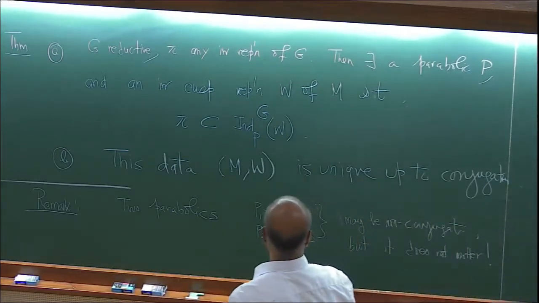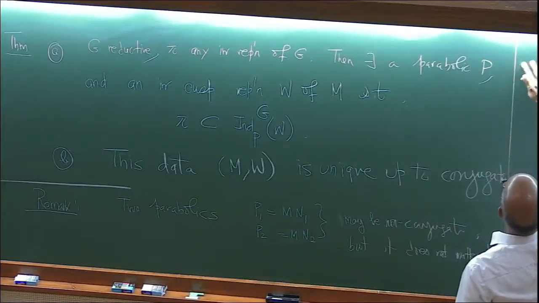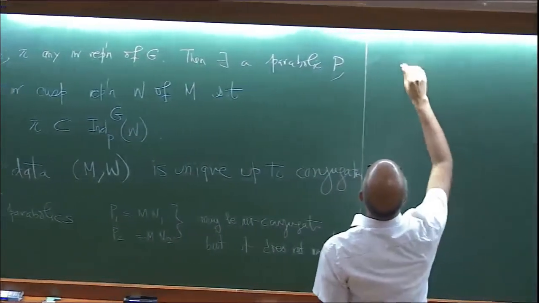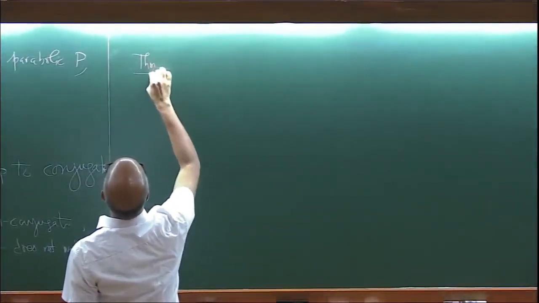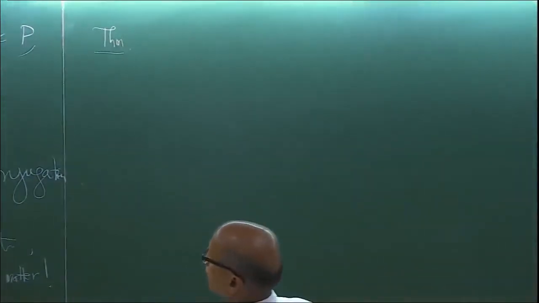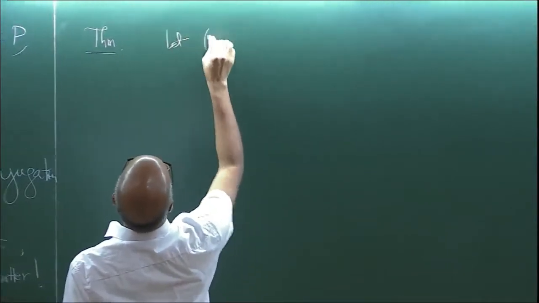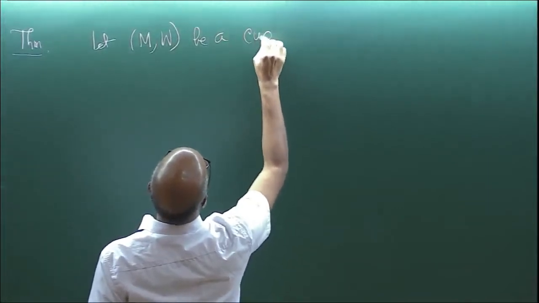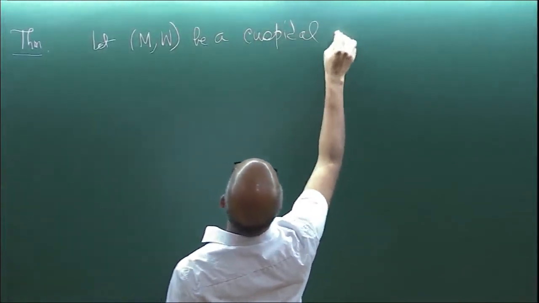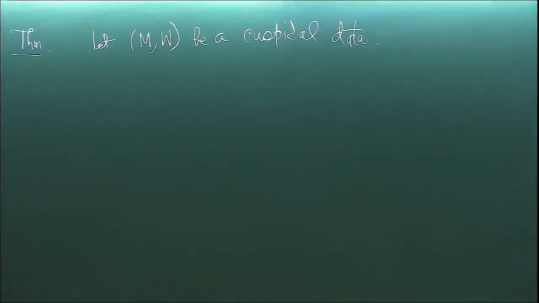Okay, so maybe I did not quite say this. Let's continue with the same kind of theorem. Let M comma W be a cuspidal datum, which means that M is a Levi subgroup and W is a cuspidal representation of the Levi.